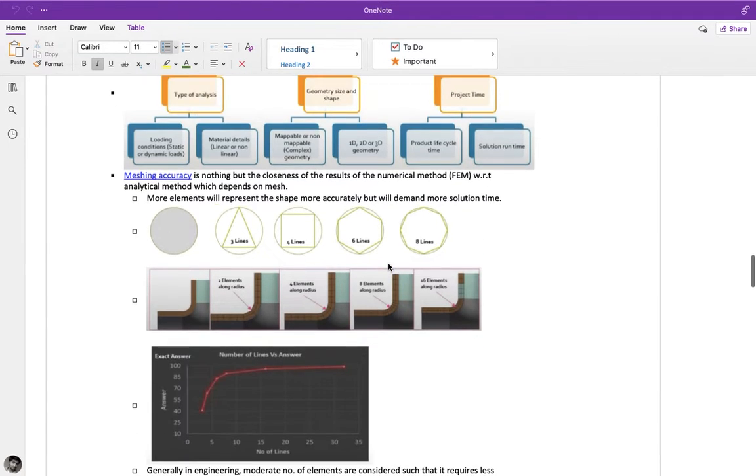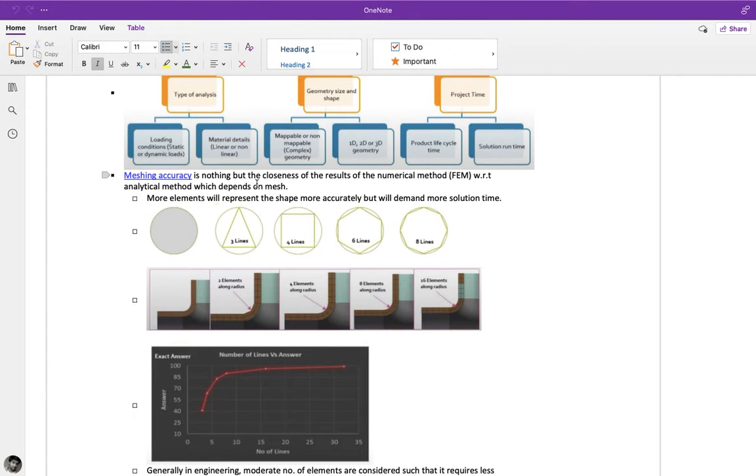Okay. So next one is the meshing accuracy. It is nothing but the closeness of the results of the numerical method compared to the analytical method. So if you have an analytical result, how close is our simulation, that's the numerical method, to it?